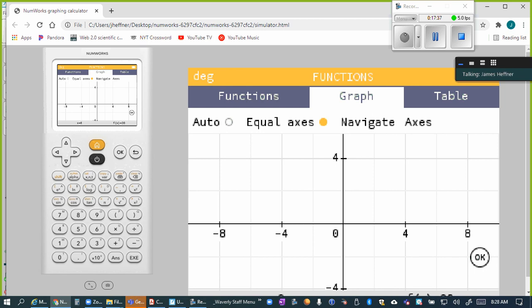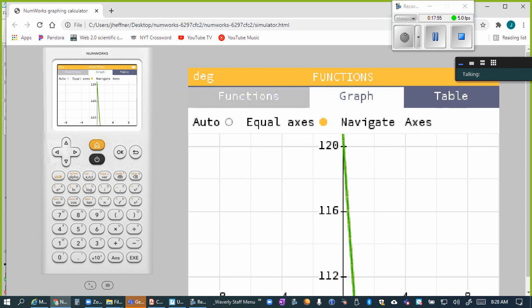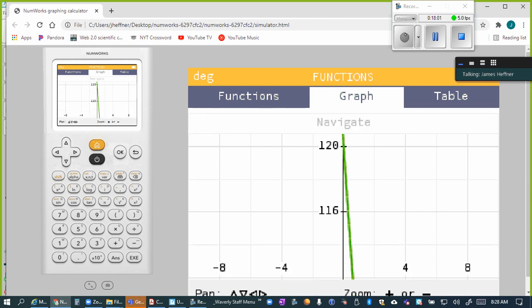So let me go. You can't see the graph here because we're on a really small axis. Escape down to. Okay, well, that was definitely different. Escape. Functions down to auto. Navigate axis. This is different.